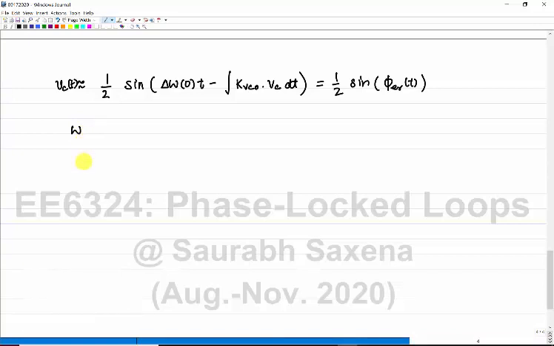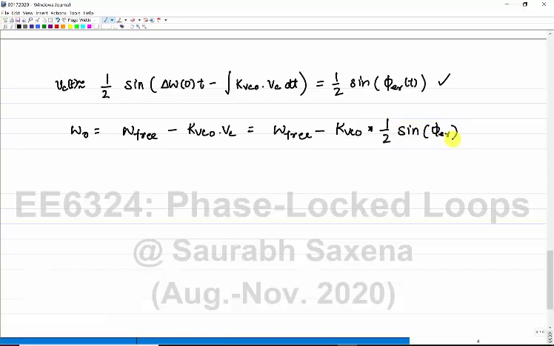Omega out is equal to omega free minus kVCO times VC. And what is VC? VC is nothing but half of sine of phase error.